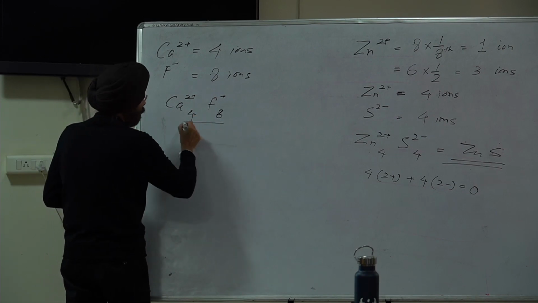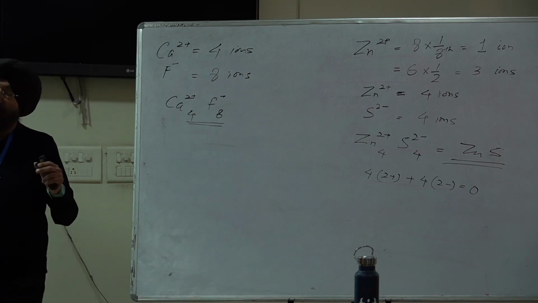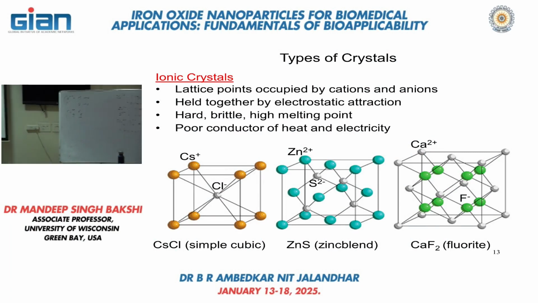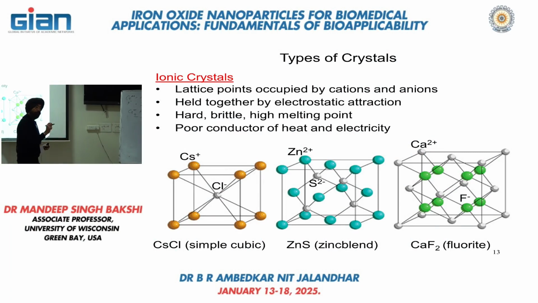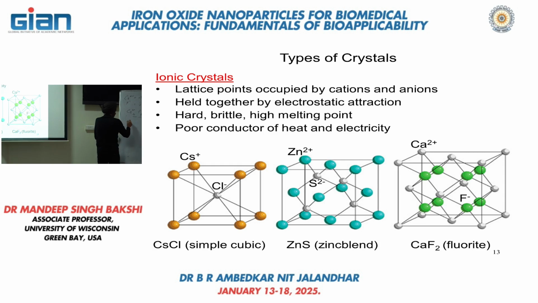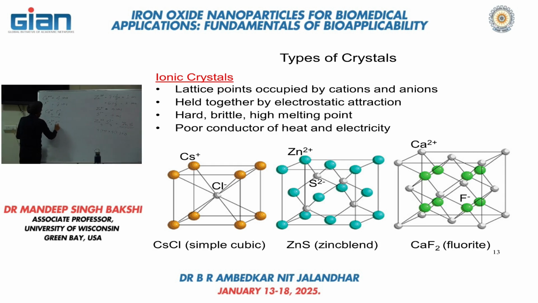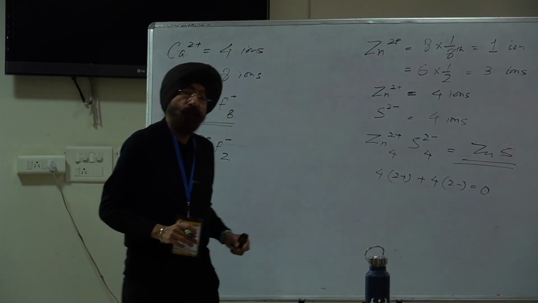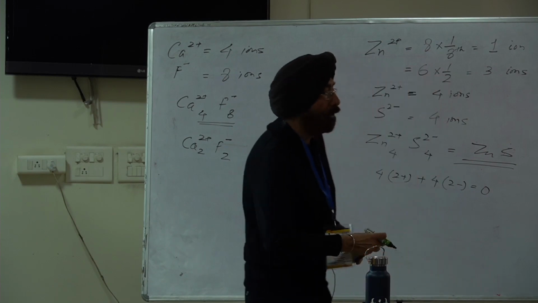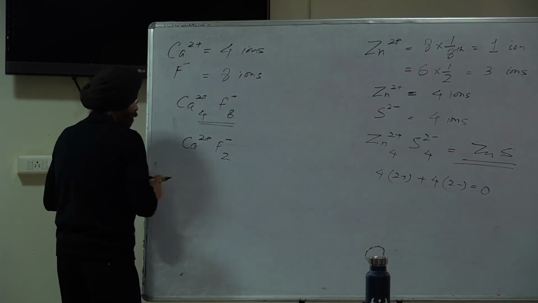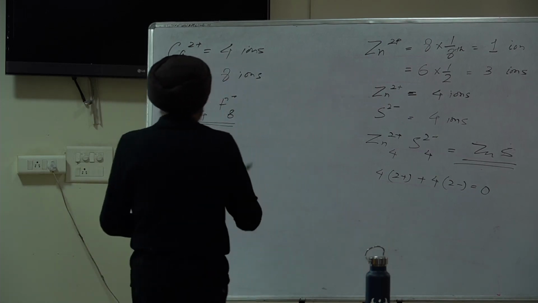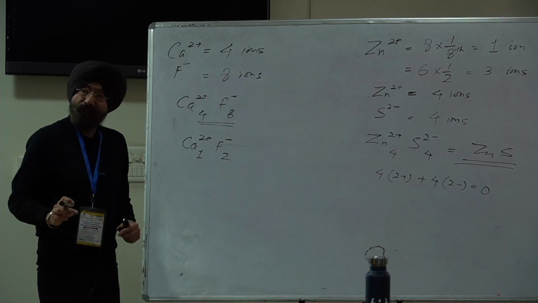Whenever you have something like this, the numbers which you can divide by a common factor, you must divide them to come to the undivided form. So therefore, it is calcium 1, fluoride 2, if I divide by 4. Now, can we get the neutralization of charge?